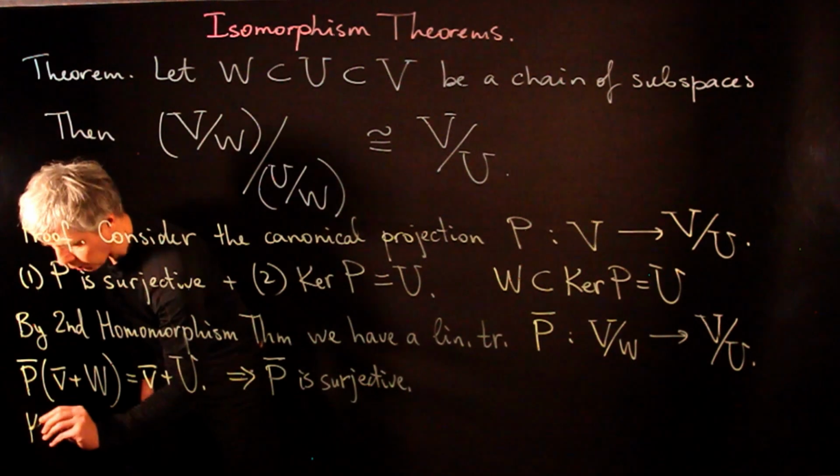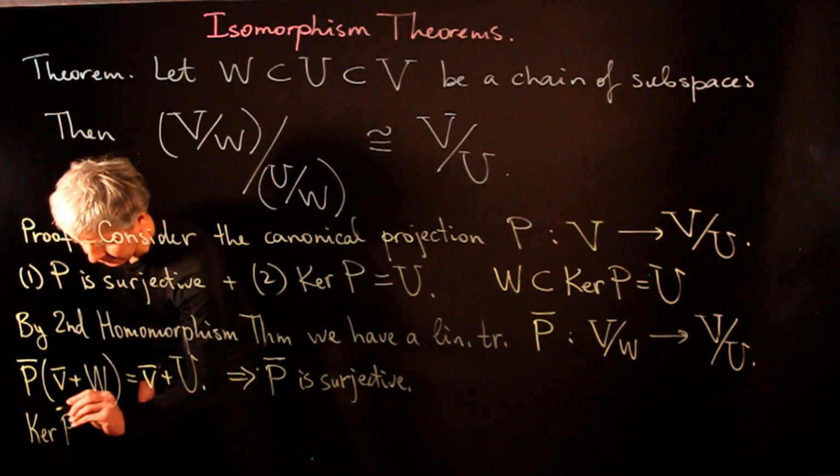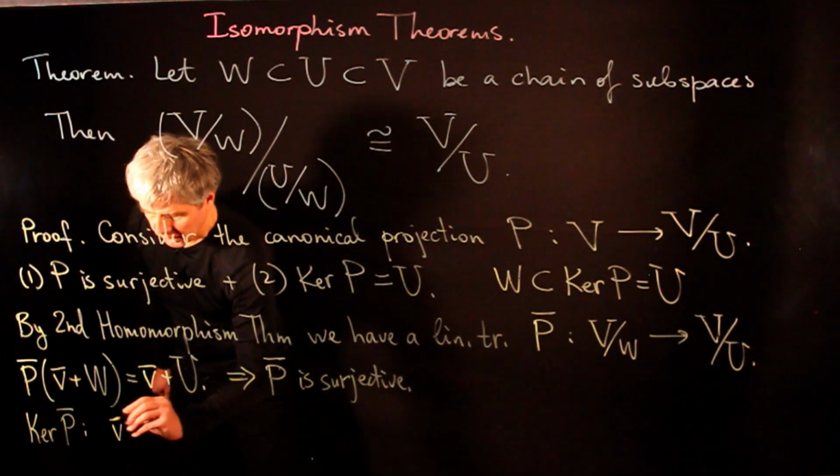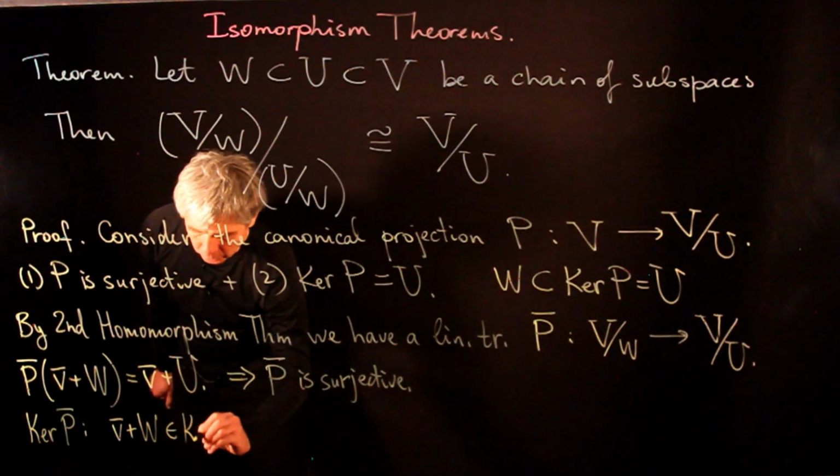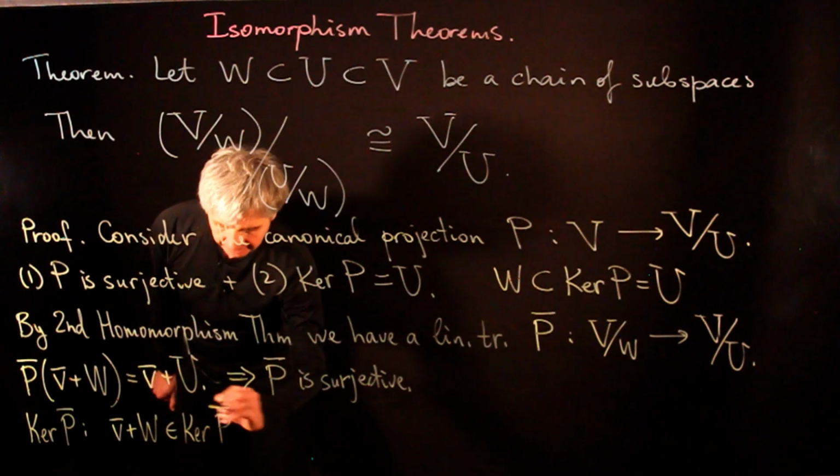Now let us compute the kernel of P bar. So what does it mean that the coset V plus W belongs to the kernel of P bar?